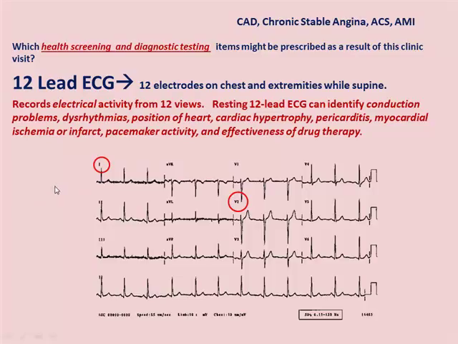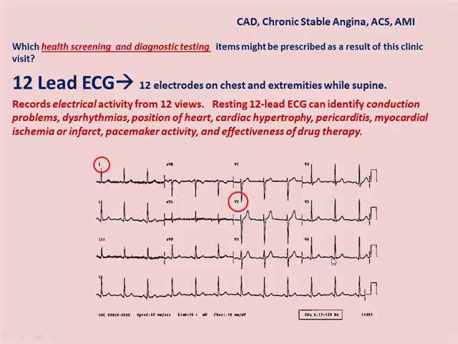So if you think about taking a picture of your head, you would know that if you want to get all the different views or angles of your head, you'd have to move your camera from the front to the side to the back, and that's essentially what this 12 lead does. When you put all those electrodes on the individual, you're looking at the electrical activity from kind of around the world. And notice here you've got 1, 2, 3, and then AVR, AVL, AVF, and then V1, V2, V3, and so on and so on.